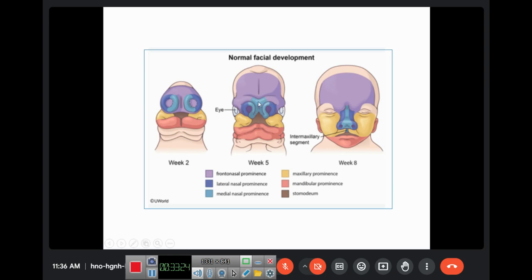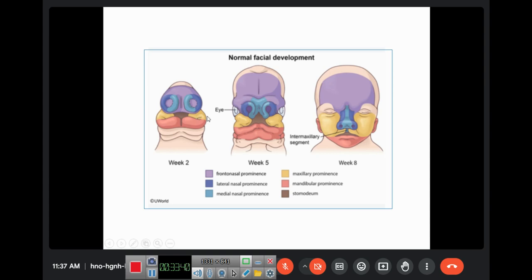They fuse together to form the bridge, the columella, and intermaxillary segment, which makes the philtrum of the upper lip and the primary palate.